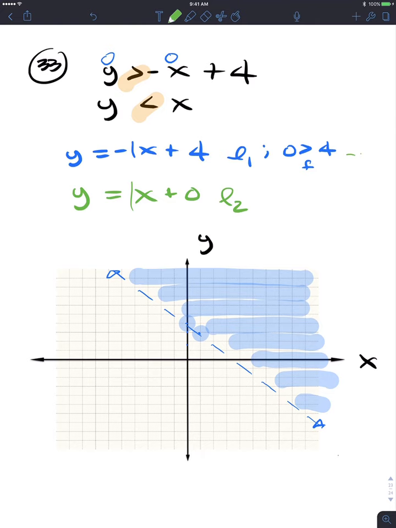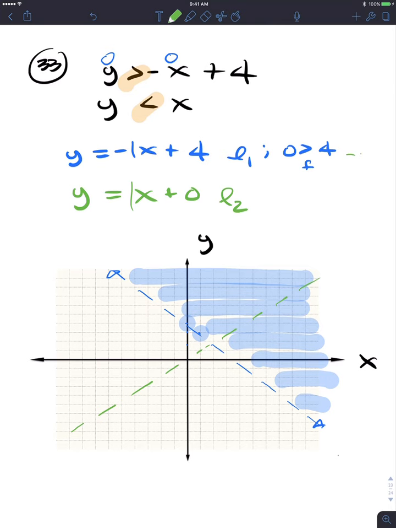Don't forget, it has to be dotted. We're going to have to be careful this time because our test point, the origin, is actually on this dotted line.